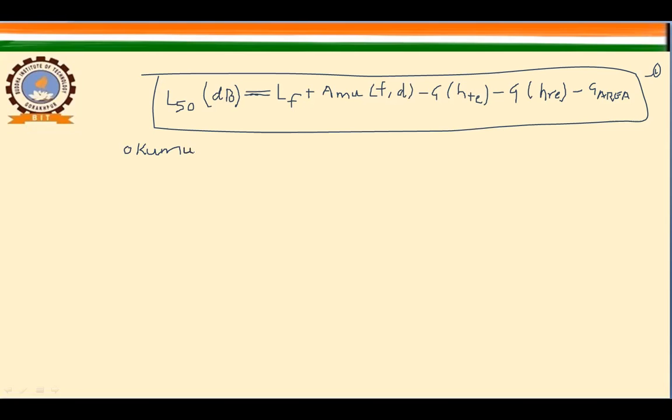Okumura path loss: G(h_te) is equal to 20 log of h_te divided by 200, where the range is 1000 meters to 30 meters.